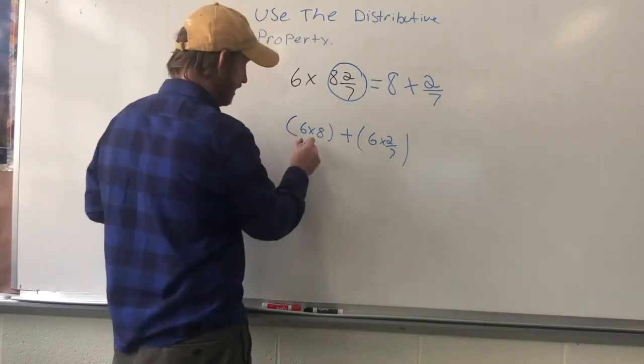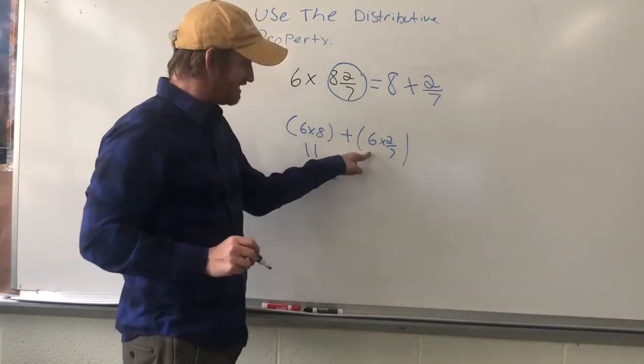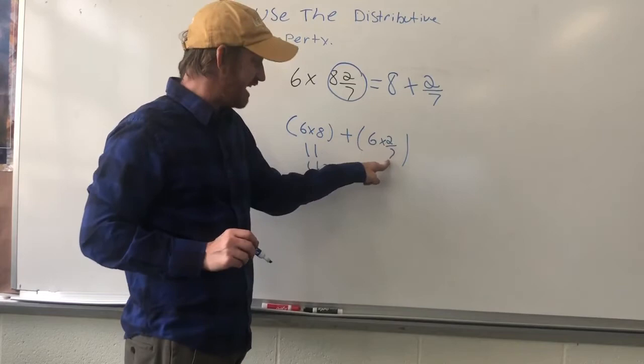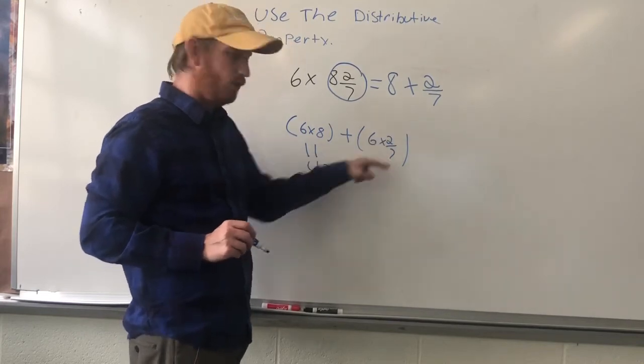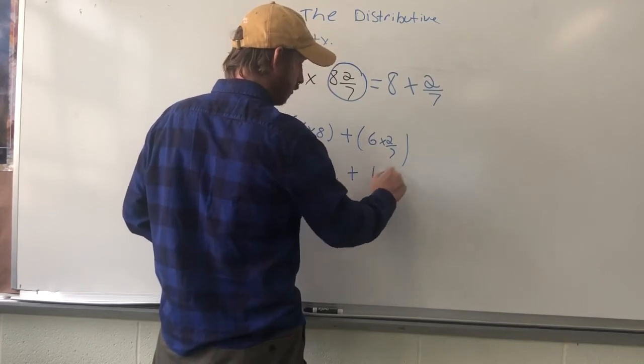Well, 6 times 8 is equal to 48. And 6 times 2 over 7 is 12 over 7.